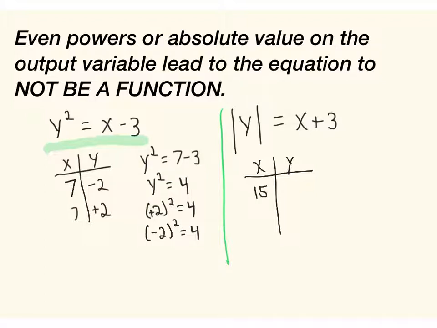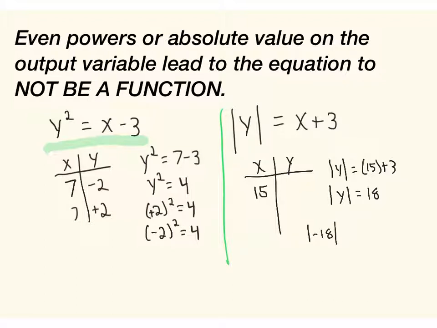All right, so if we go to absolute value of y equals 15 plus 3, we get the absolute value of y equals 18. Now, here again, very much like with the even power, there are two values that give us a positive 18.